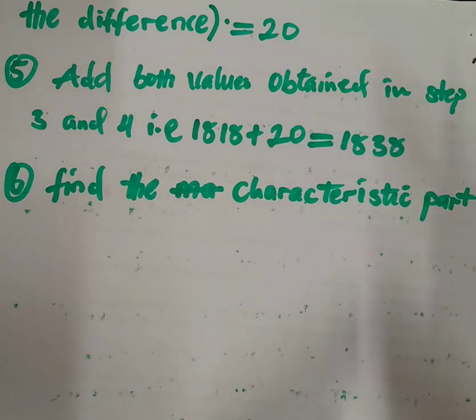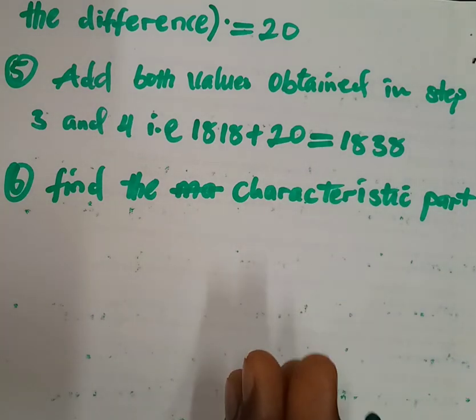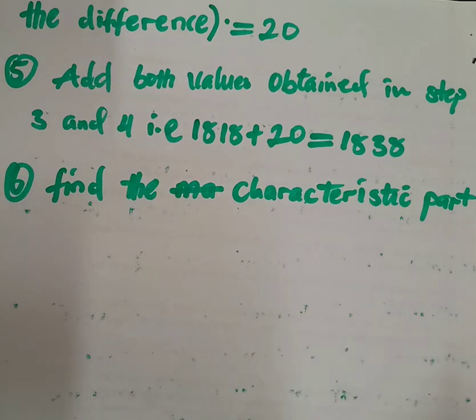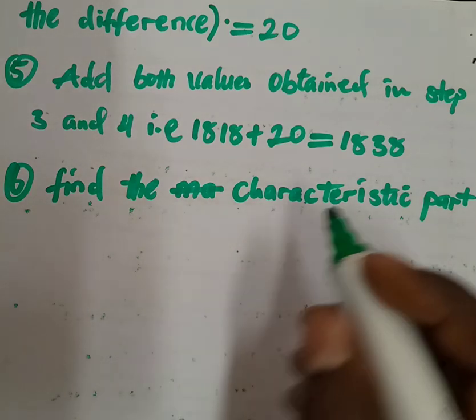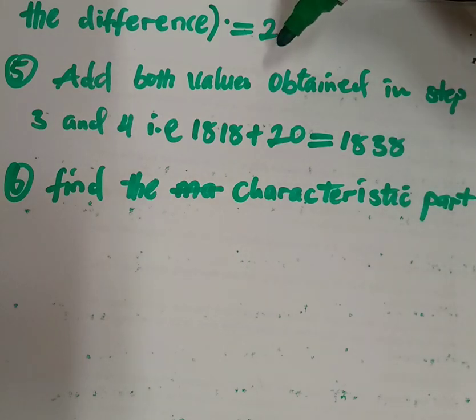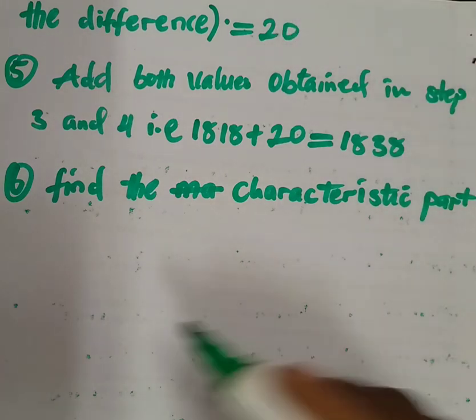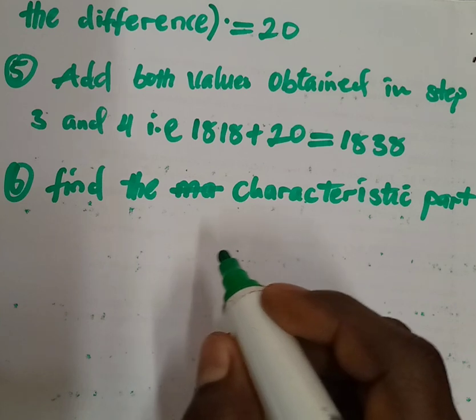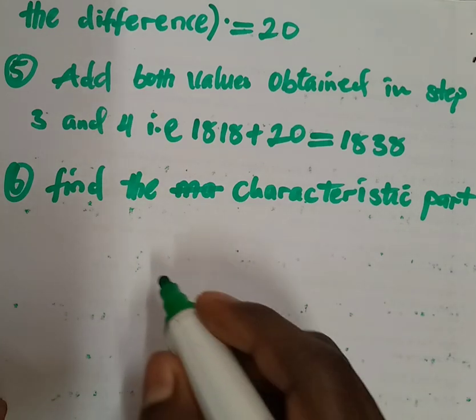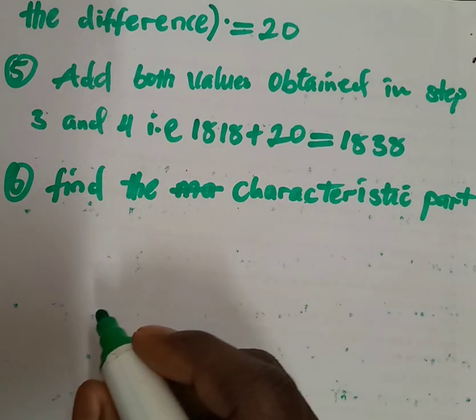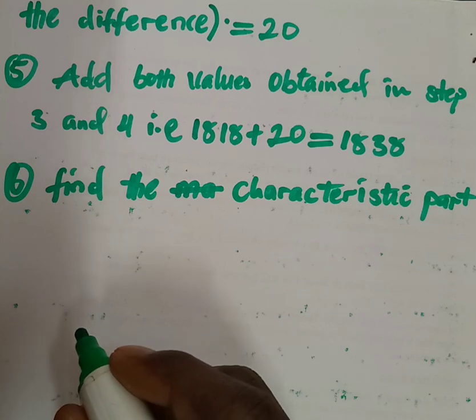But any log number that has just one digit, the characteristic part while finding the final answer will be 0 point something. So in our example, the log number was 15.27. So definitely our characteristic part will be 1 point something.